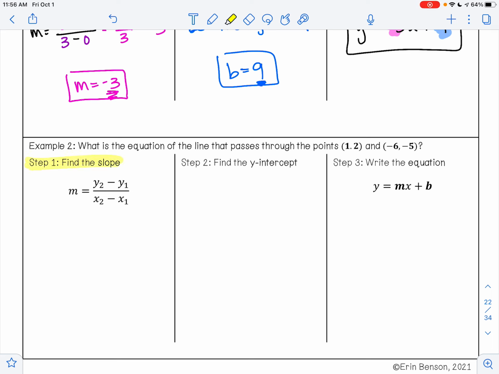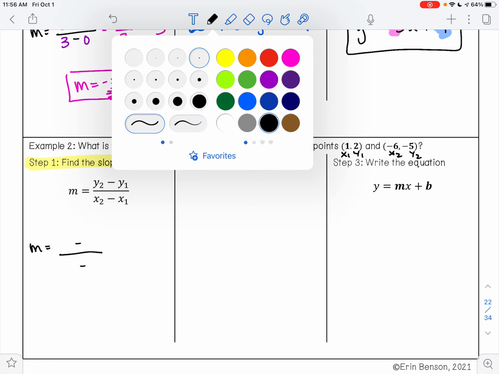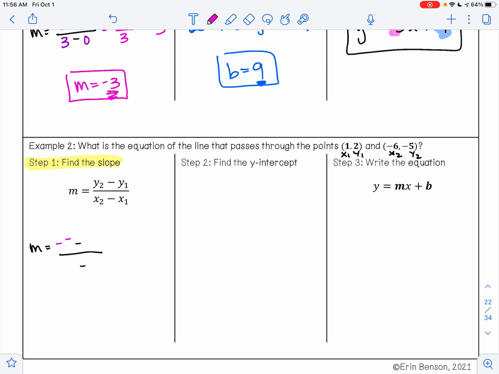So to be able to do that, I'm going to label my ordered pairs. x1, y1, x2, y2. So the slope is y2, negative 5, minus y1, which is 2, over x2, which is negative 6, minus x1, which is 1.